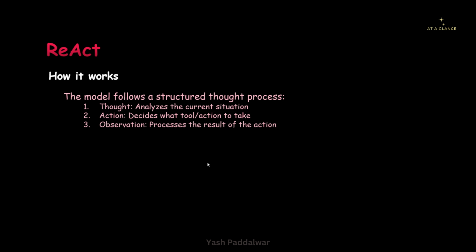Next, it will observe what output it has got from the action. This phase is nothing but observation, where the model processes the result of the action. It will check whether the observation has met the expectation according to the query or not. If not, it will iterate over these three steps again and again until it reaches the expectation. So the fourth point will be repeat until reaching a final answer.